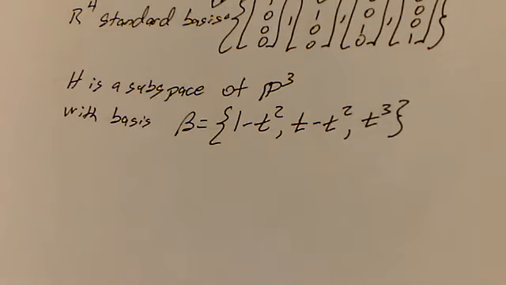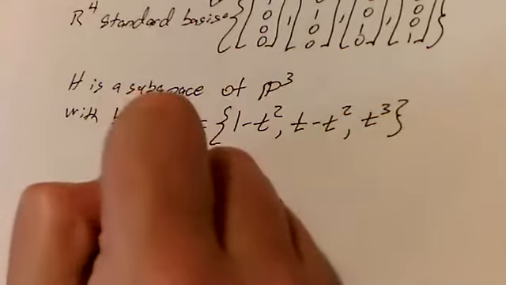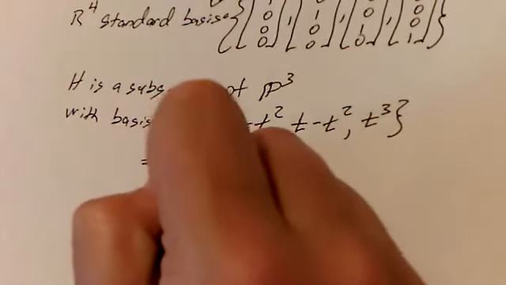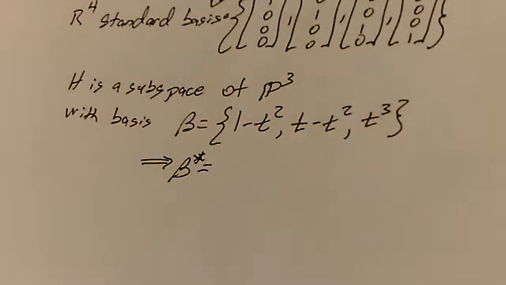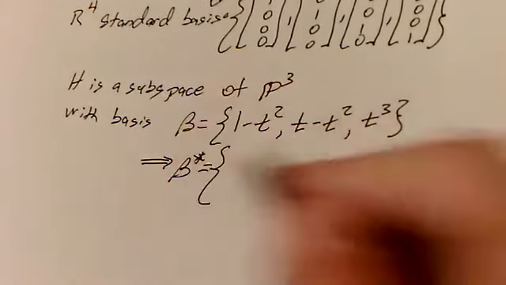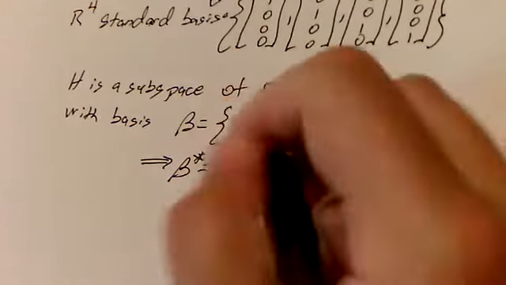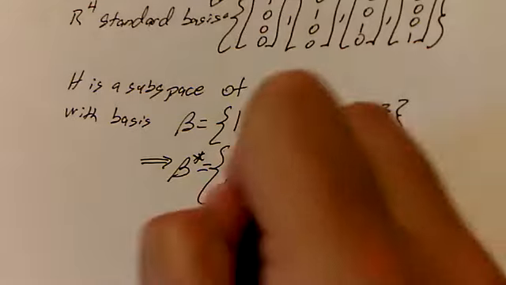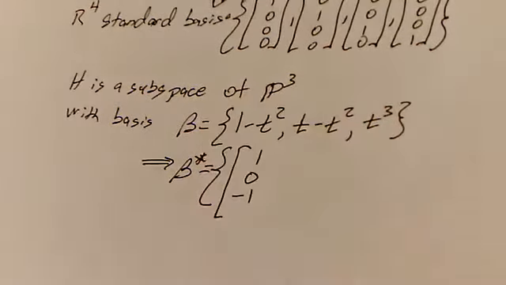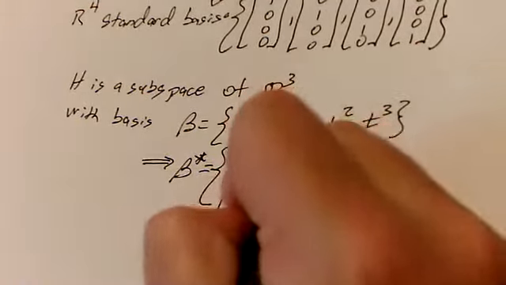It's difficult to think about these in P3, although sometimes we can eyeball them. So let's look at them instead by using their analogous vectors in R4. I'm going to call this B star because it's not B, but it looks like B and it has the same structure as B. I have 1 copy of 1, no t's, negative 1 t squared, and no t cubed.